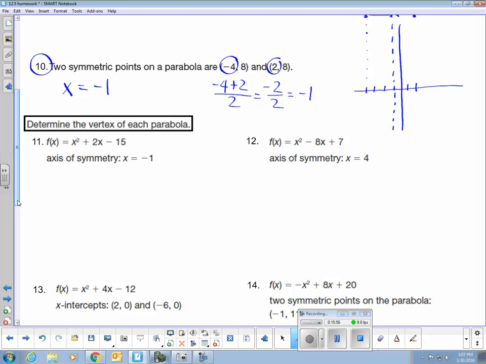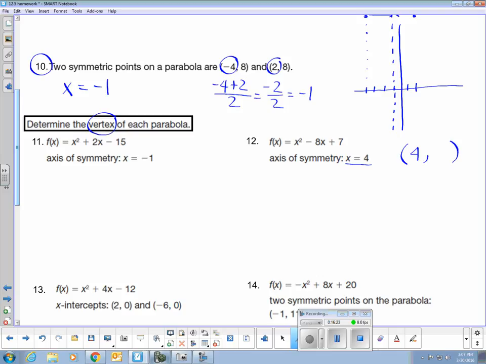Number 12, there's a couple of ways we can find the vertex of this parabola. We've been graphing them and finding the maximum or the minimum. They give me a little extra clue here. It says that the axis of symmetry is 4. So here's what that means. If my axis of symmetry is x equals 4, then I know for sure my vertex has to be 4 comma something.